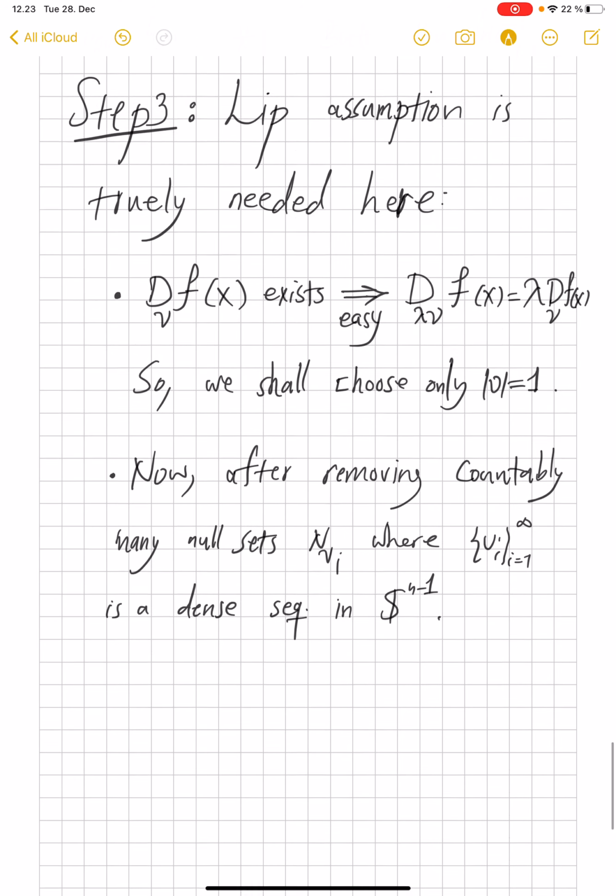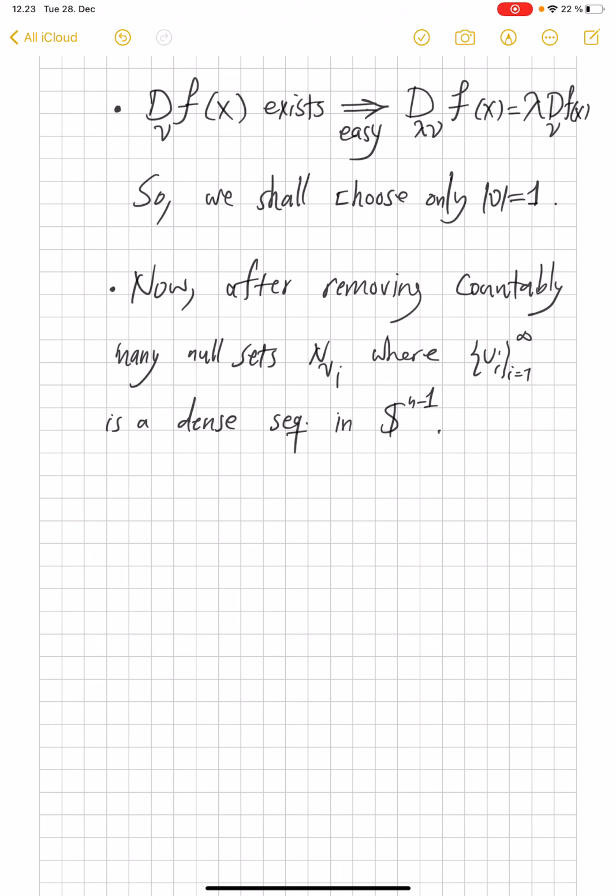So the sphere is a compact set, and you can choose a countable dense collection of directions, and for each one of them you remove that bad null set.